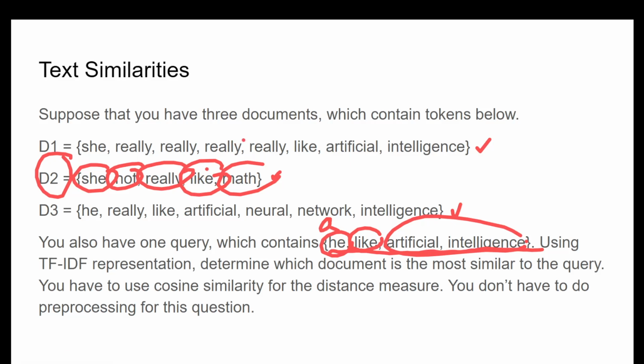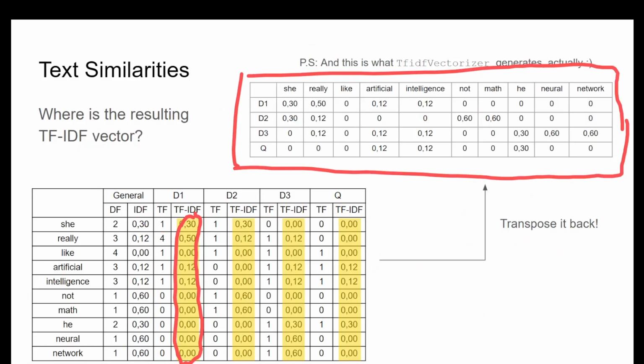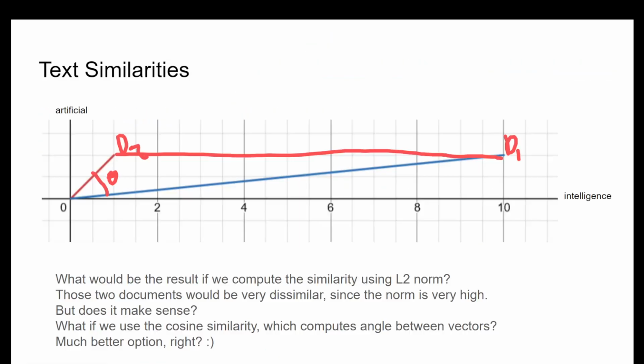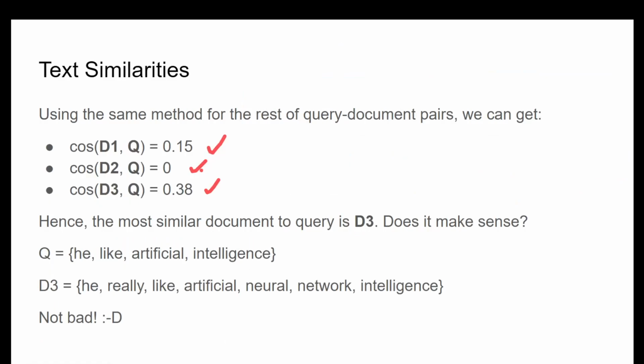But since that word also appears in every document, the TF-IDF would consider that as 0, so it doesn't have any meaning. And thus you can see the result is 0. So the most similar document to the query is actually D3, and it makes sense if you take a look at this, because D3 is actually the superset of Q. Not a bad result though. Let's just continue.